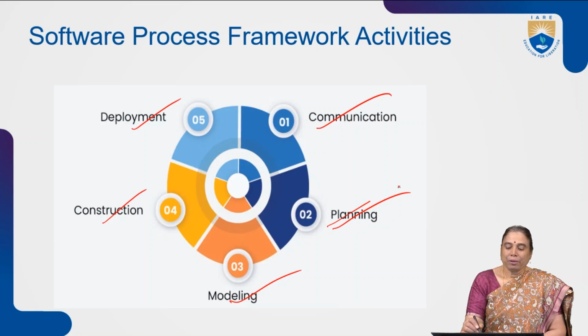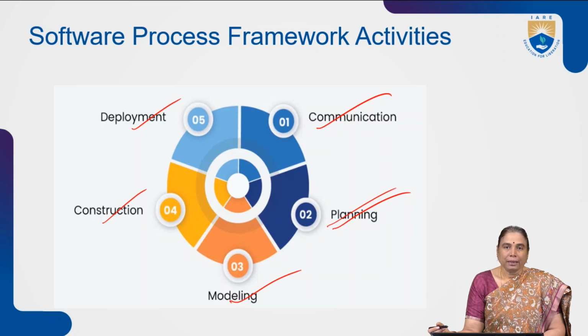The second framework activity is planning. In planning, according to the project objectives and scope, the resources, cost and time must be planned, and the software and hardware requirements must also be planned.